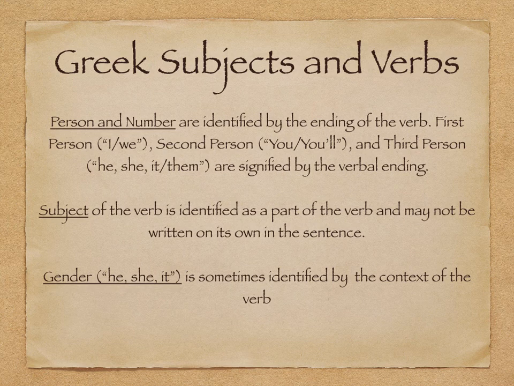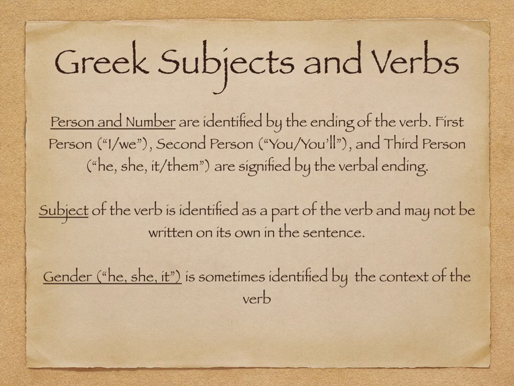The subject of the verb is identified as part of the verb and may or may not be written on its own in the sentence. The subject can be embedded in the verb. And if the author or speaker includes the subject, although it's embedded in the verb already, sometimes that's done for emphasis.